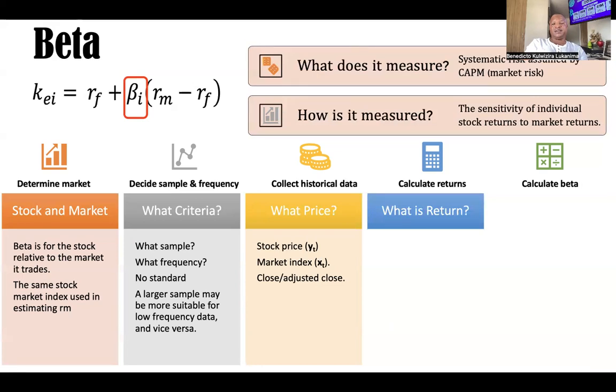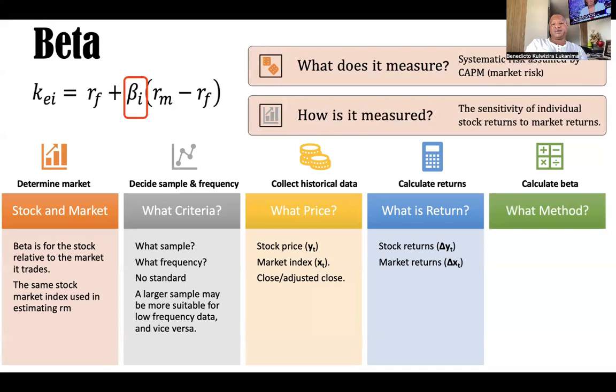The adjusted close includes normally adjustment for dividend. But not all companies pay dividend. Then we'll calculate the return. The return is simply a change between the current and the previous periods, depending on the frequency. It can be monthly return, daily return, or weekly return. And finally, we'll calculate beta.